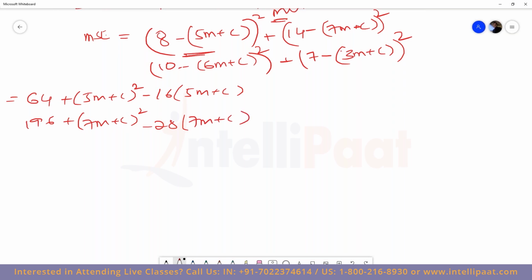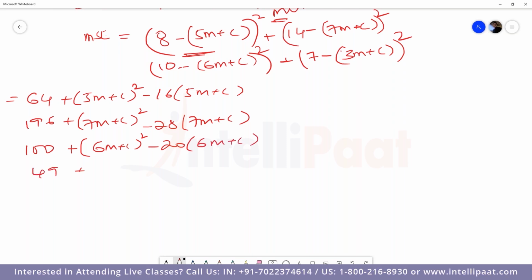For the third data point, 10 square is 100 plus 6m plus c the whole square minus 20 times 6m plus c. Last but not the least, 49 plus 3m plus c the whole square minus 14 times 3m plus c. Sorry, you're not going to get the square there, just 3m plus c.